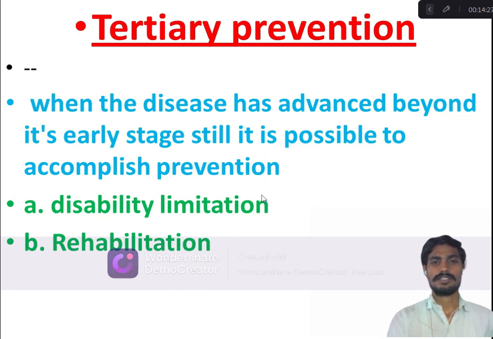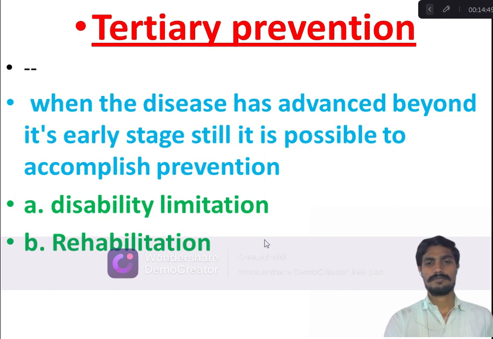One is disability limitation, second one is rehabilitation. Disability limitation means if the person is losing any organs or any parts due to any type of disease, you can limit that by trying your level best.